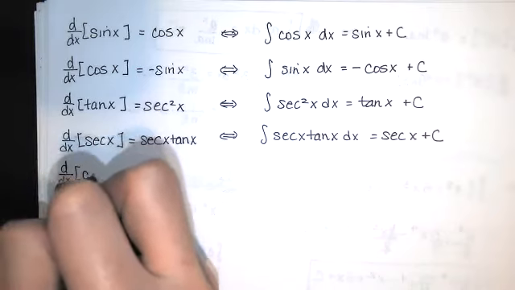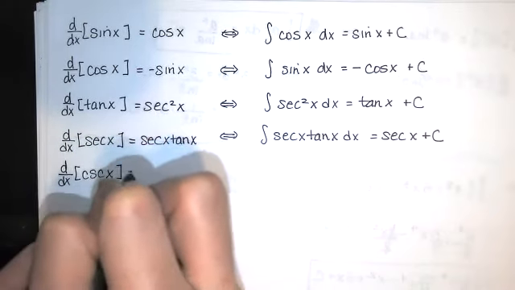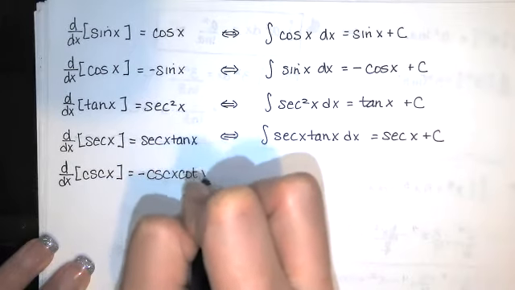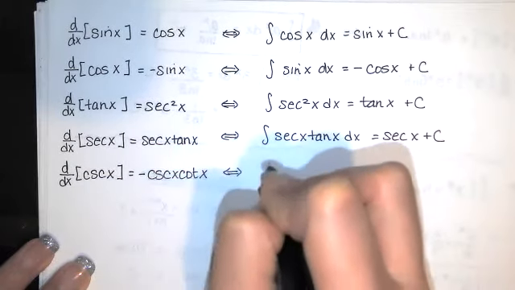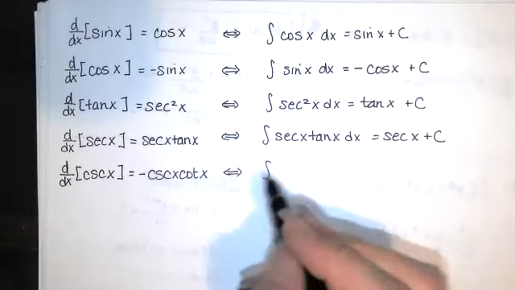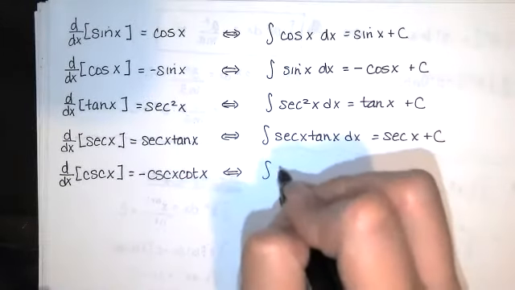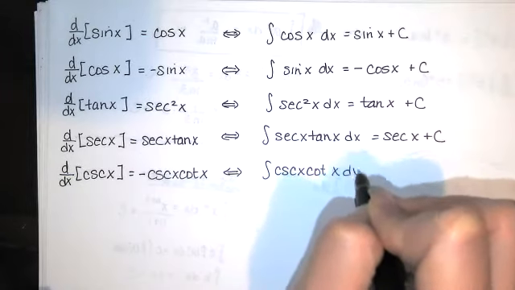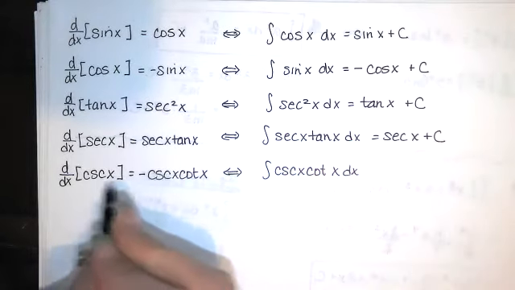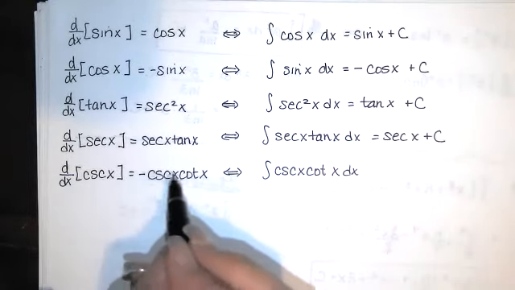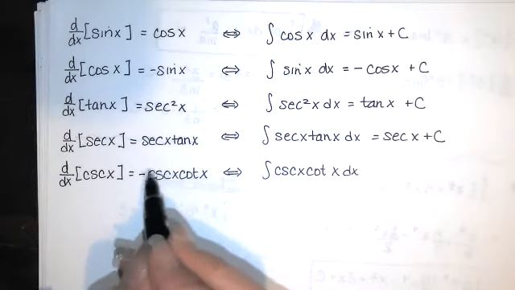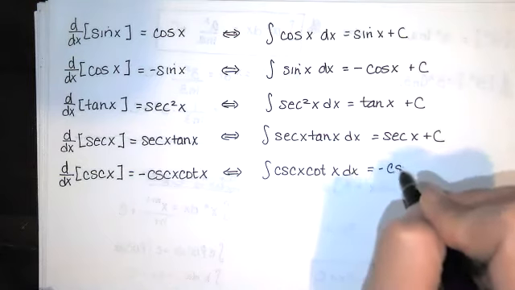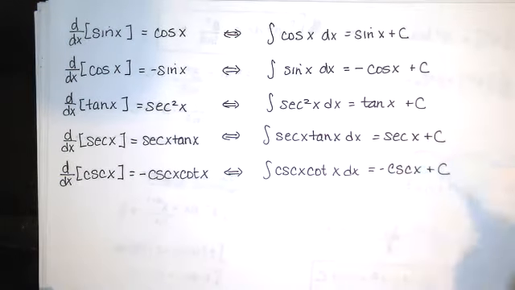The derivative of cosecant of x is negative cosecant of x times cotangent of x. Now, this rule doesn't start with a negative sign, so we're going to have a cosecant of x cotangent of x here. Multiply both sides of this equation by -1. So the antiderivative of cosecant cotangent is negative cosecant plus c.